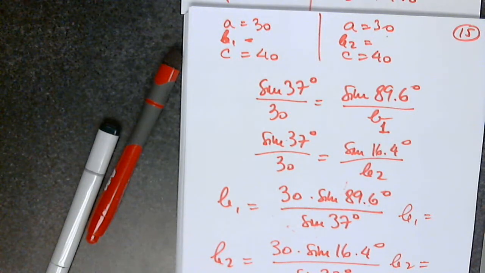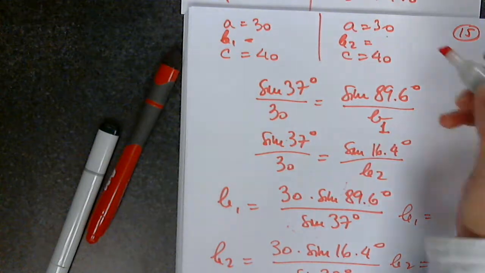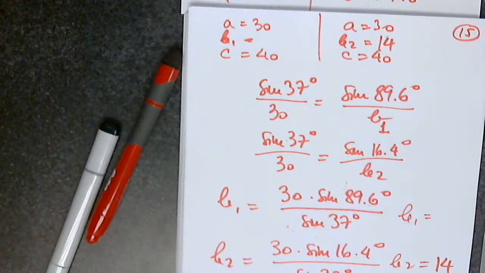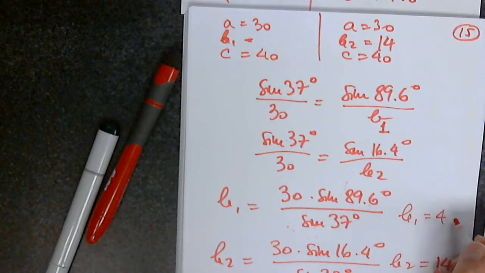So b2: 30 sine 16.4, close the parenthesis, divided by sine 37. I got roughly 14 for b2. How much did you get for b1? 49.8. I'm going to write 49.8 then.